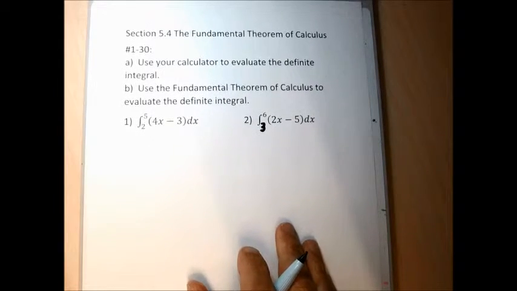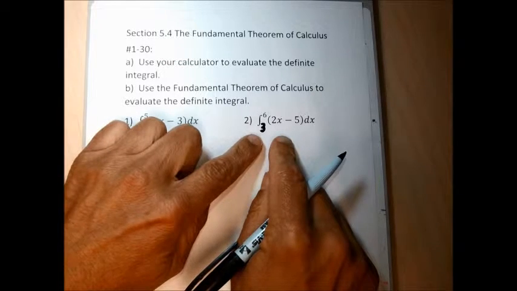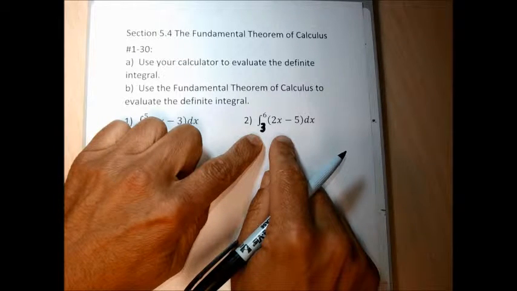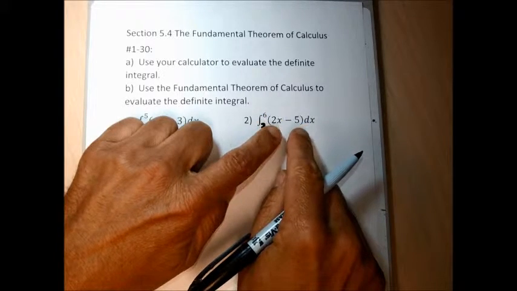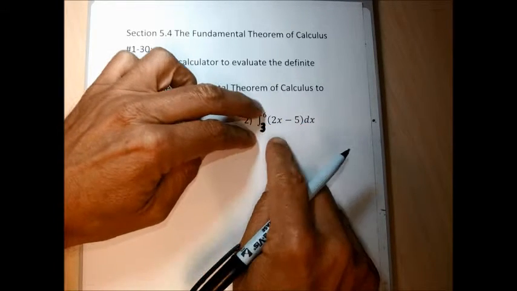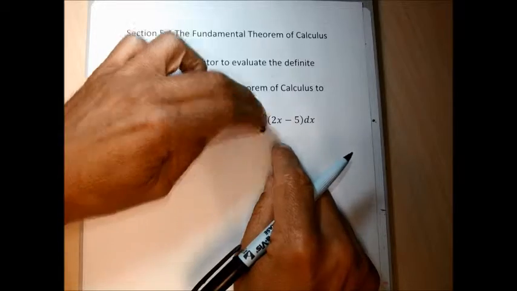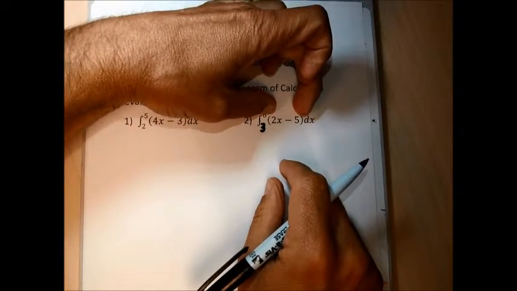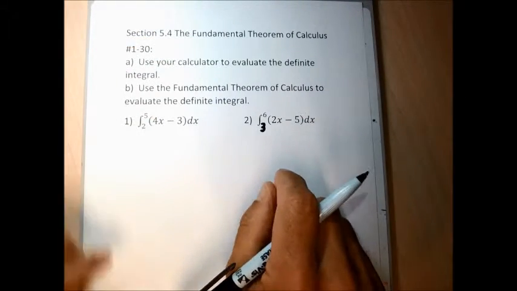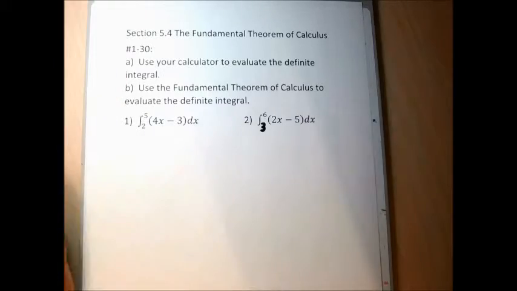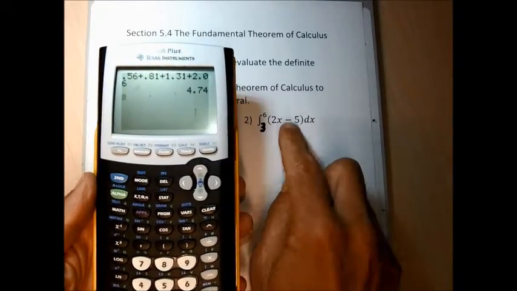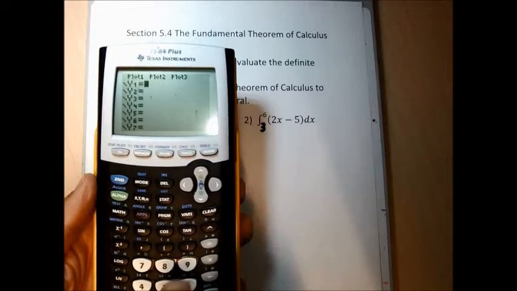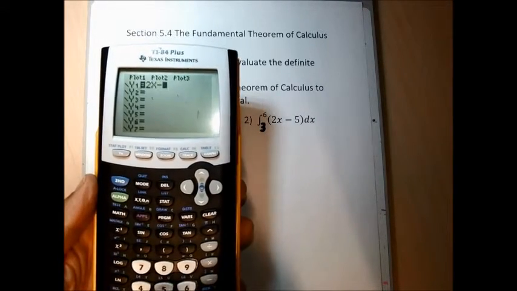So I'm staring at a problem. It's asking me to find an area under a curve between x equal to 3 and x equal to 6 of the function 2x minus 5. How I can do this on my calculator is break my calculator out, graph this function, so y equals, clear, 2x minus 5.